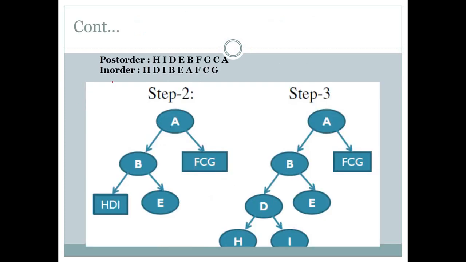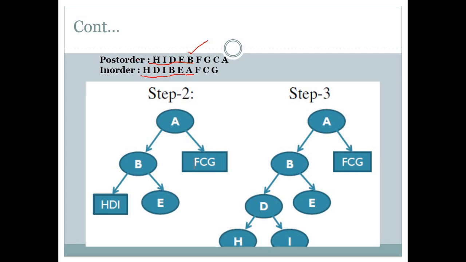Now in the second step, with the root A we have H, D, I, B, E in the left part. From the post-order H, I, D, E, B, we can know that B is at the last position.